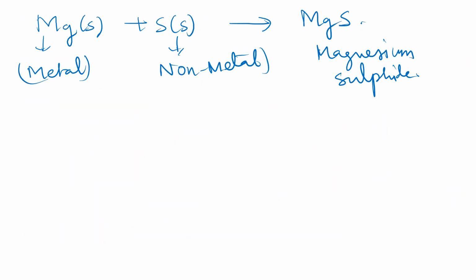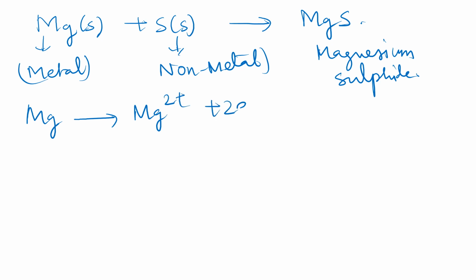Here in this example, I am taking magnesium plus sulfur, which gives magnesium sulfide. If you know the periodic table, you will see magnesium is a metal whereas sulfur is a non-metal. Magnesium has a tendency to lose two electrons.